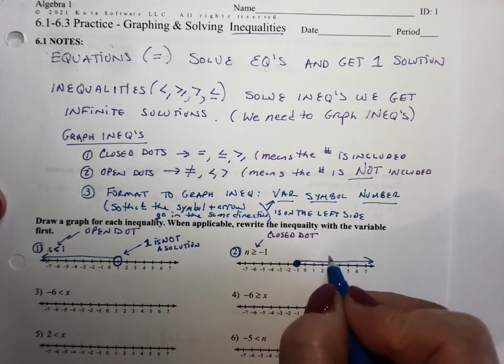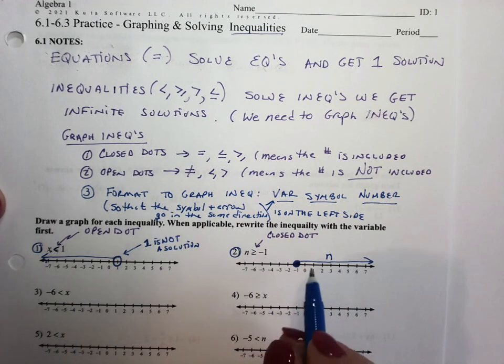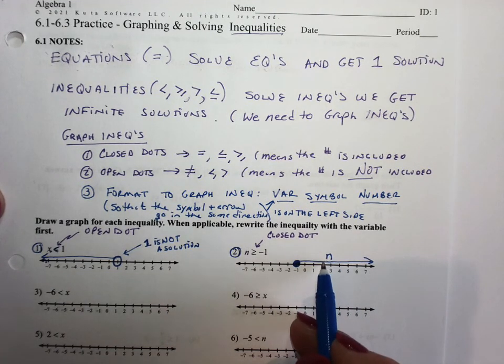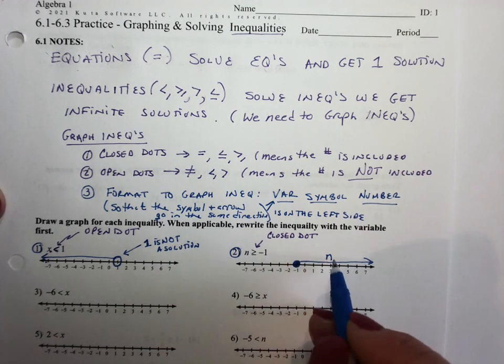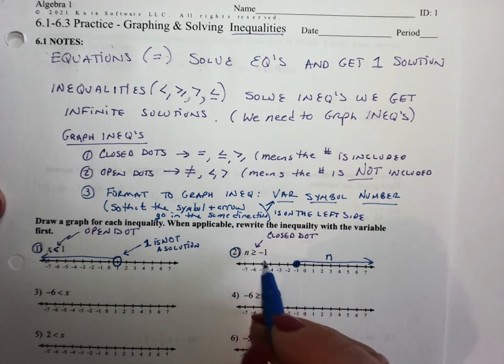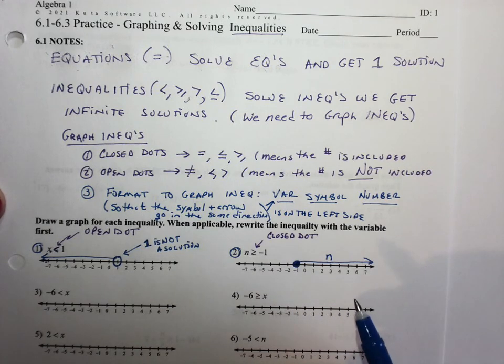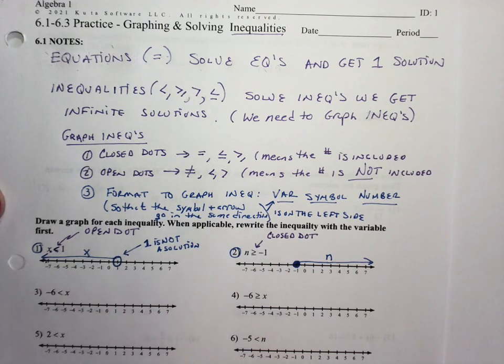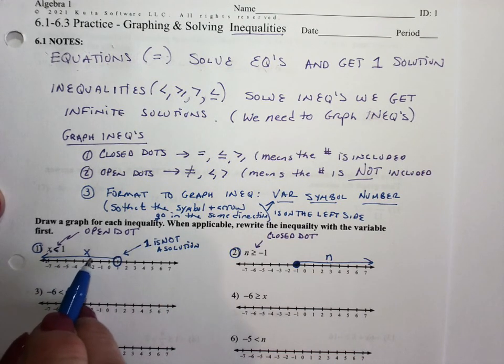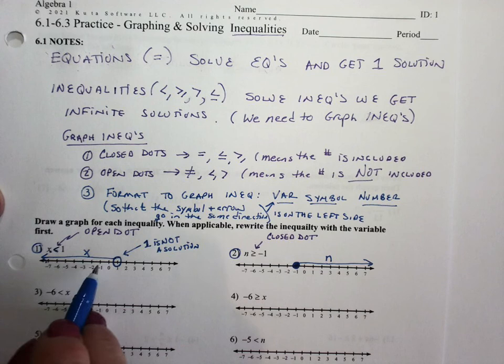And another way you can think about this is, okay, here's my variable n, and my n are all the numbers that are greater than or equal to -1. Over here, if I put the x here, x is all the numbers less than 1.